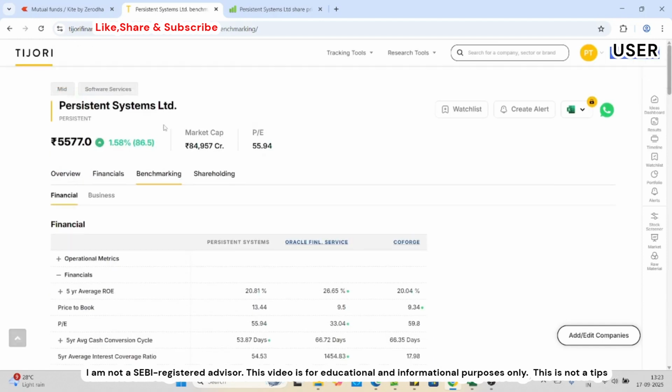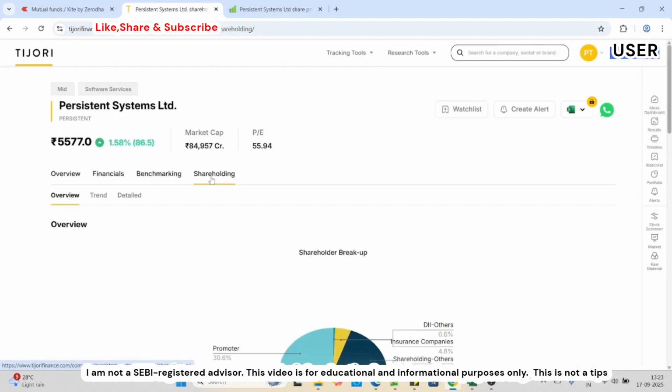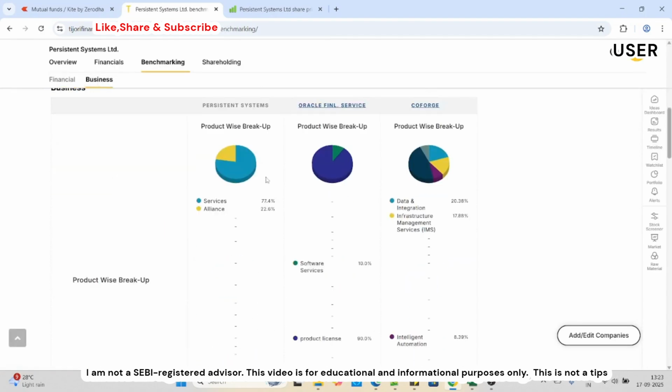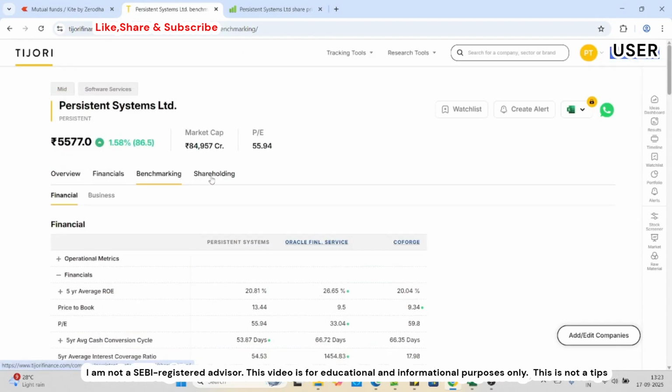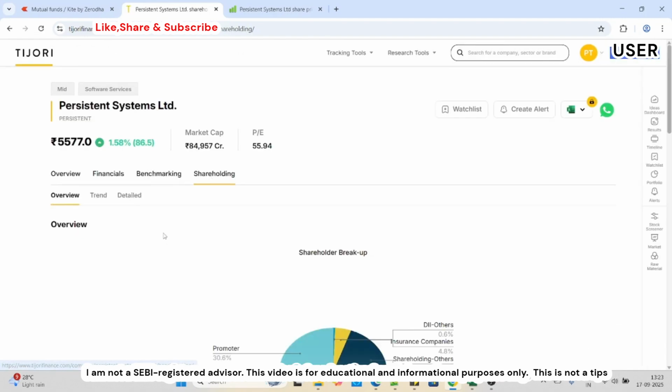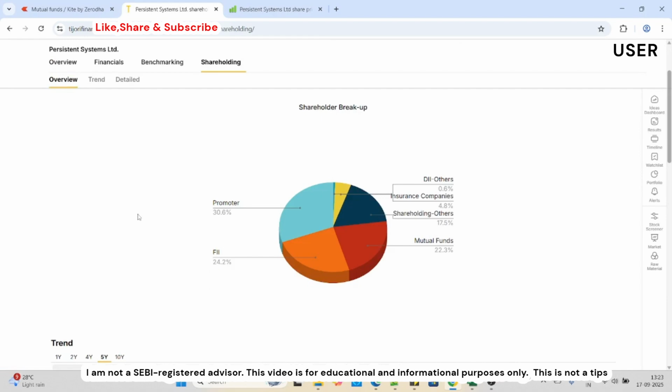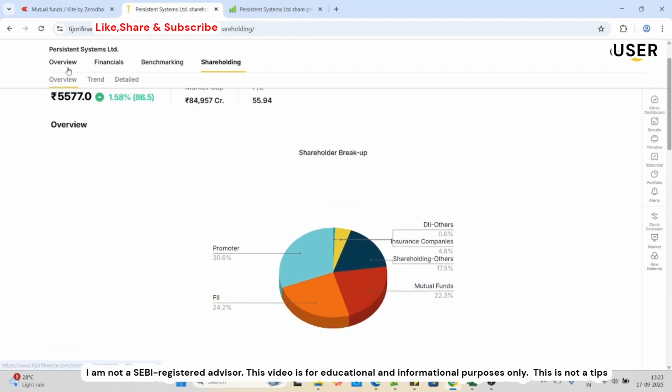Most people will not have that much time to study all these things, but those who have time can go through it in detail. The main section is forensics. You can check the PE and PB ratio and shareholding pattern. FIIs hold 24%, promoters 30%, and DIIs only 0.6% currently.